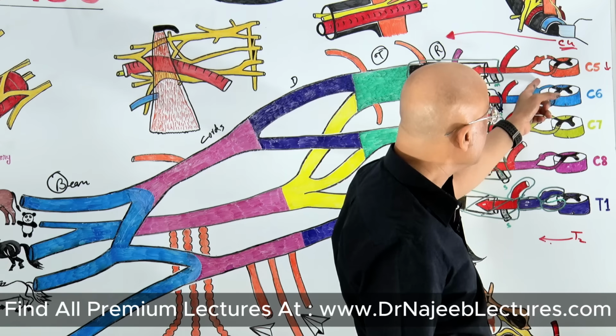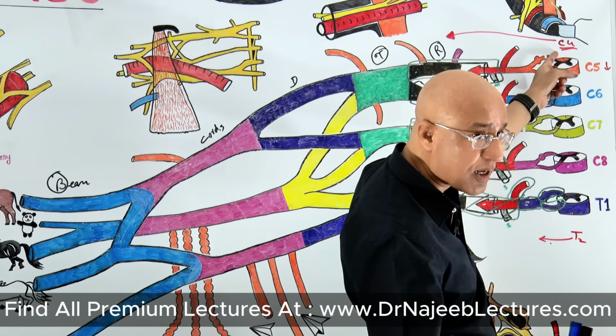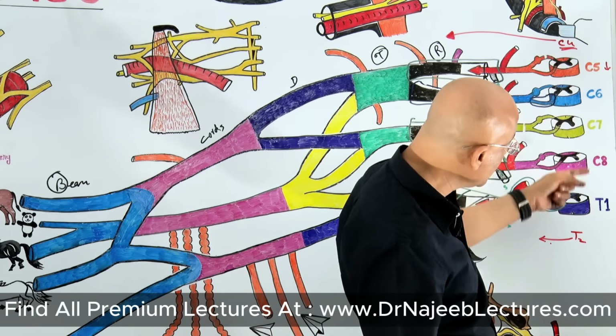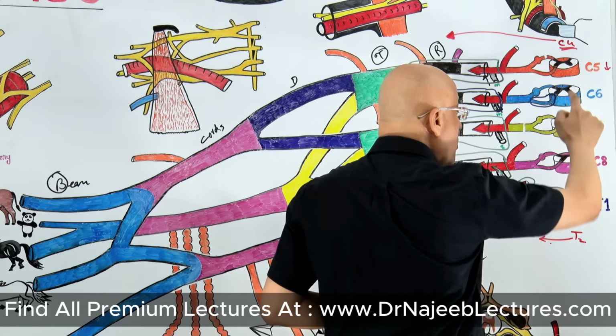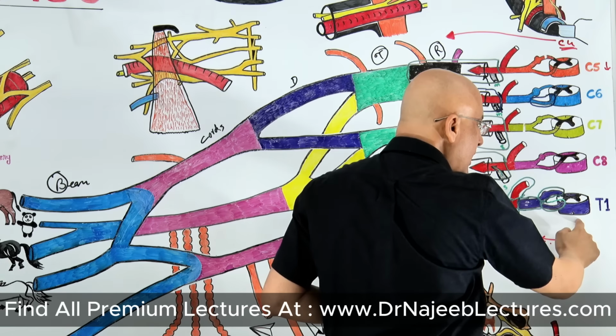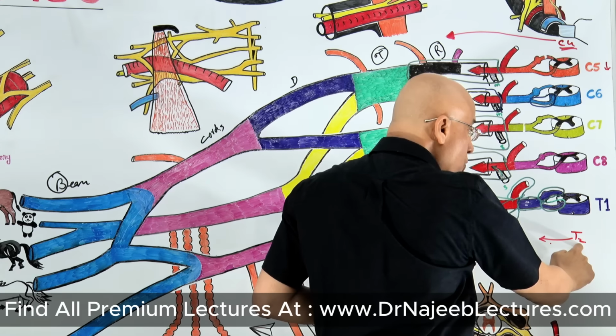Some people have a significant contribution from the C4 segment, right, and less from T1. We call them prefixed brachial plexus. And in some people, they are having less fiber from C5 and more fiber from T1 and even from T2.